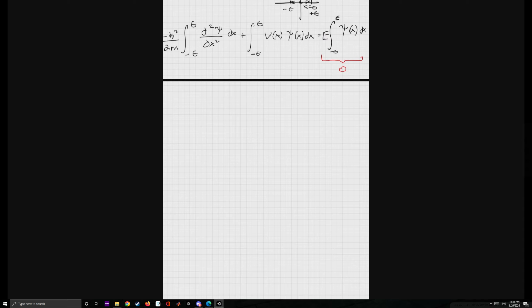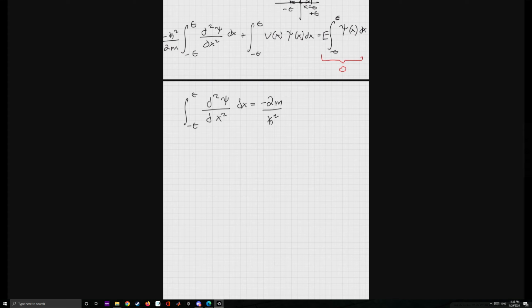So what we get is that, from negative epsilon to epsilon equals, and then at this point we can simply input our potential, and our potential is, let me also bring these constants over.